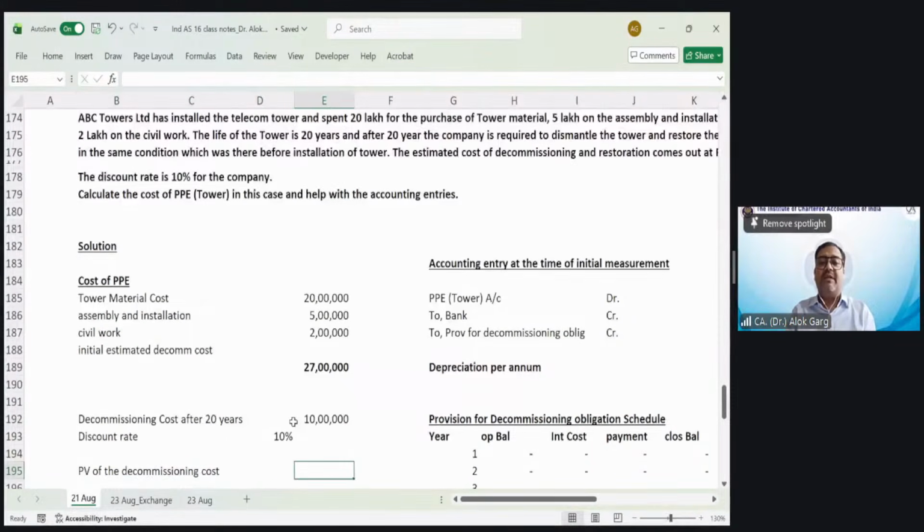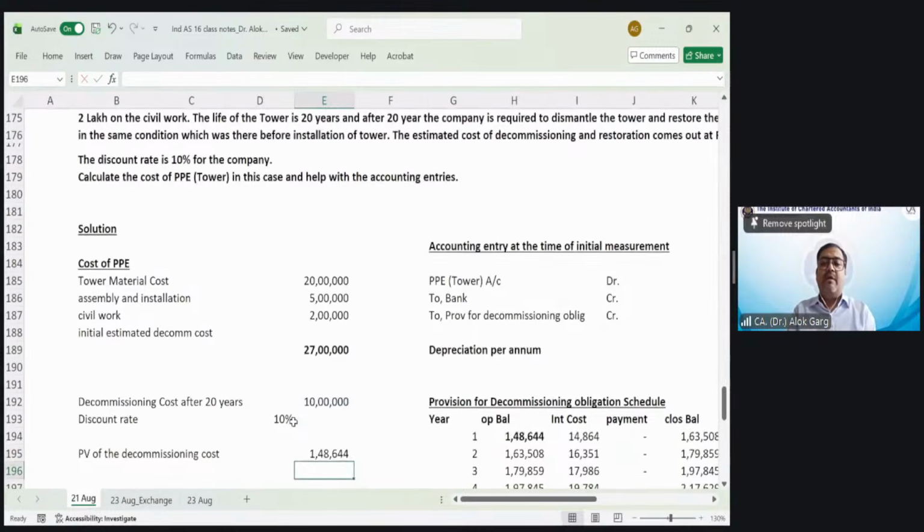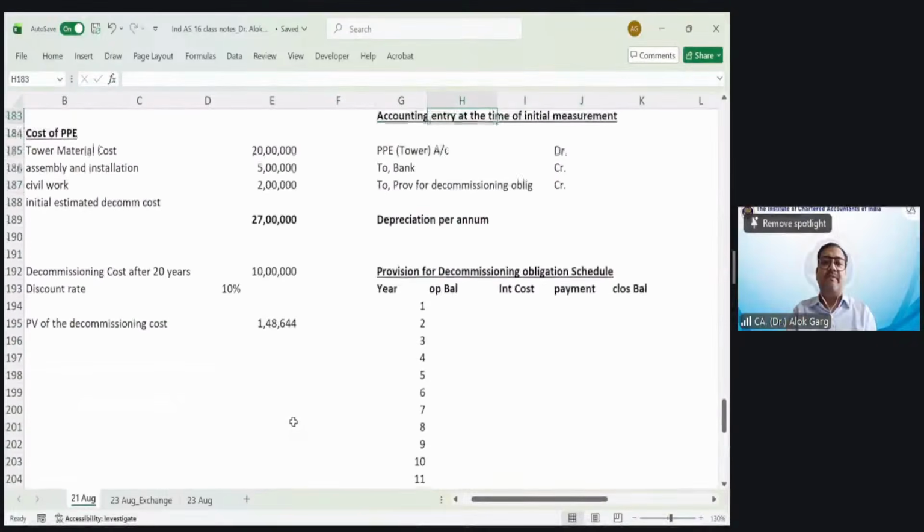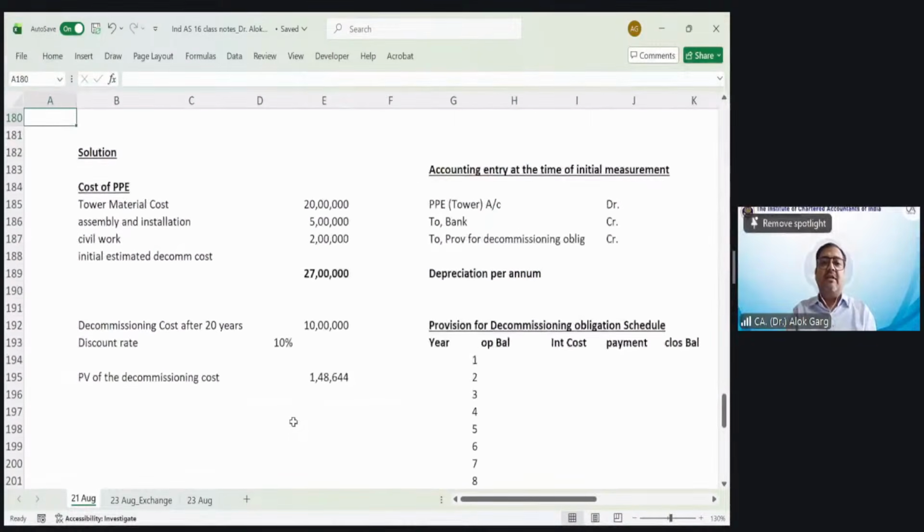So what is the present value of the decommissioning cost? 10 lakh divided by (1 plus 10%) to the power 20 is 1,48,644, right? So my initial estimated decommissioning cost would be 1,48,644.